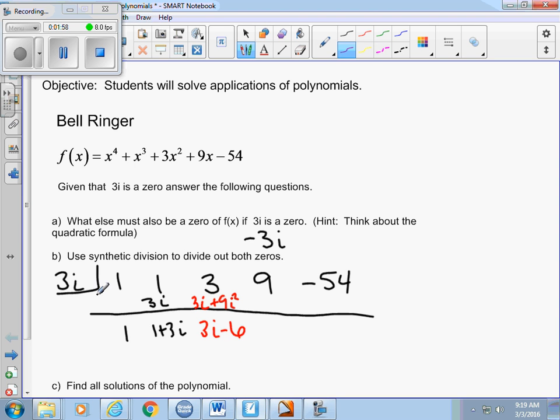Multiply again. 3i times 3i is 9i squared again, minus 18i. Would you agree the 9's cancel? Yes.